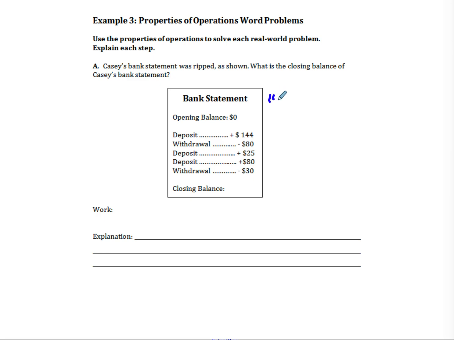I'm going to write it in the order that they gave it to us. 144 plus -80 plus a positive 25, plus a positive 80, and then I have a -30. Okay, go ahead and pause the video, add those numbers together.